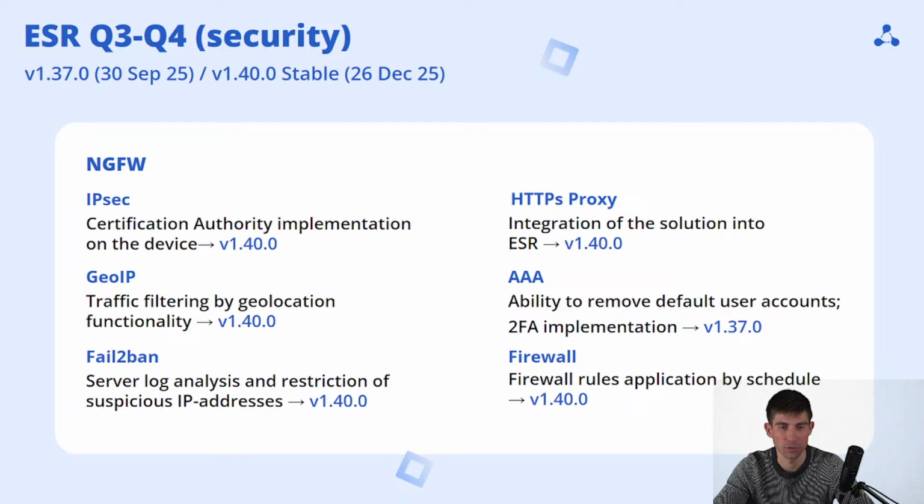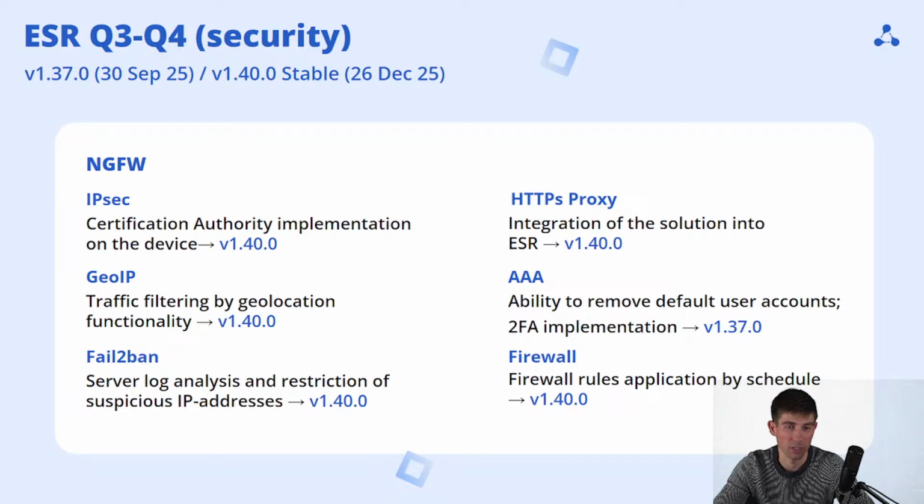GeoIP, this is the feature that we had to redesign our initial approach to. We had to review and change our plans on the implementation of this, but we're going to make it work in version 1.40 using a slightly different architecture. It's quite a popular feature among our customers, and we want to make it available as soon as possible.